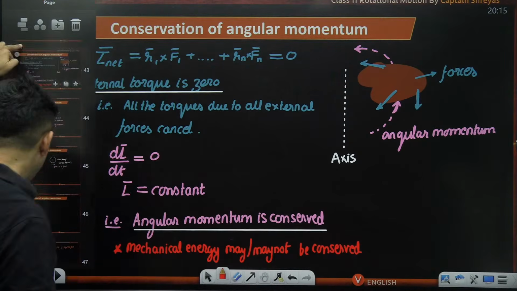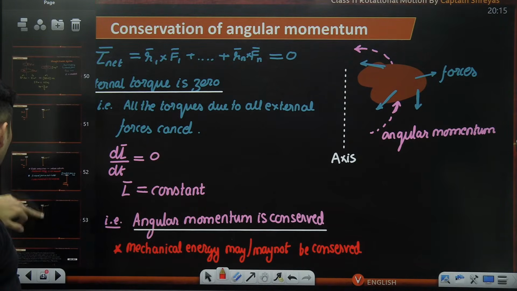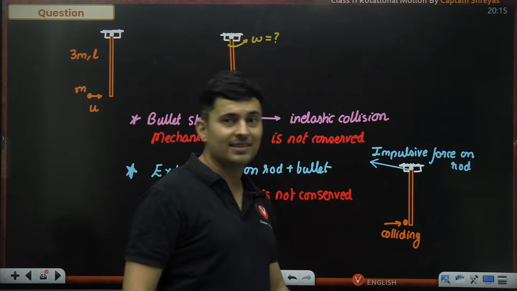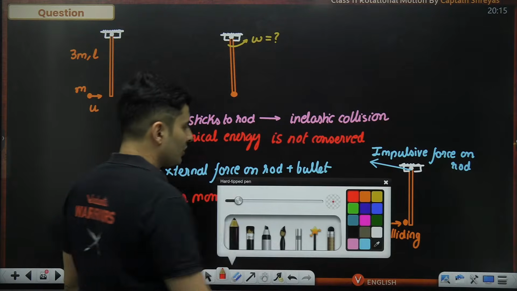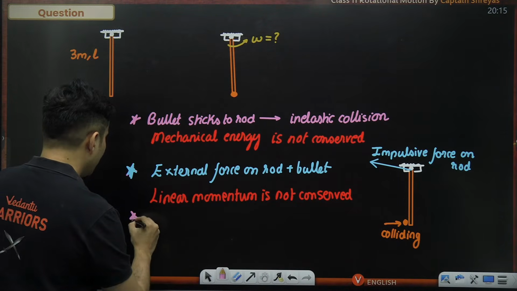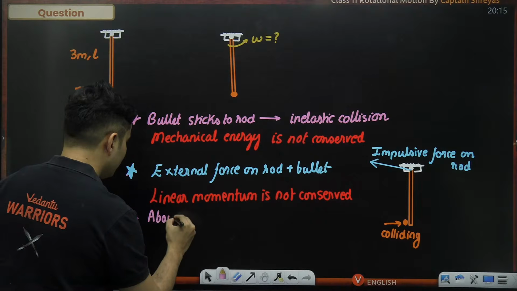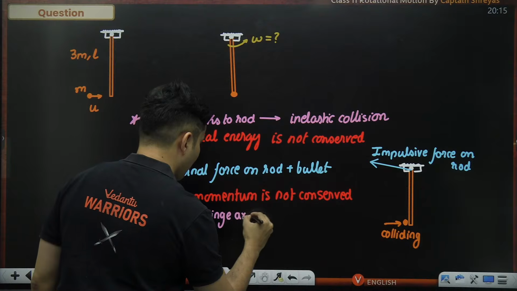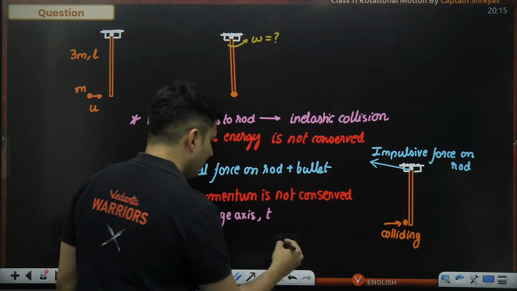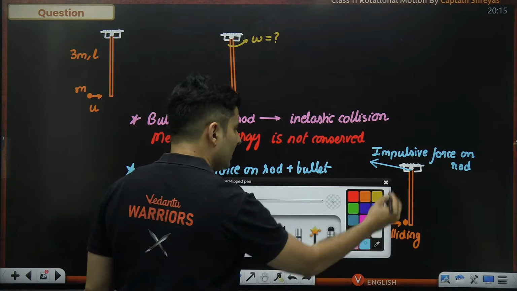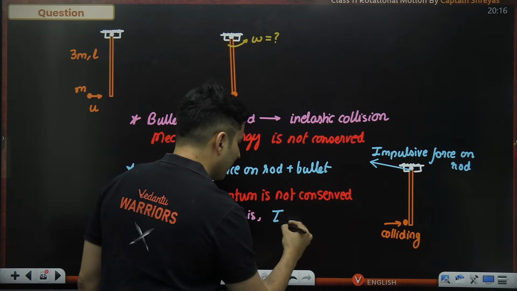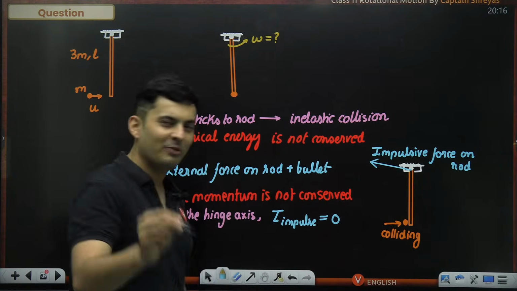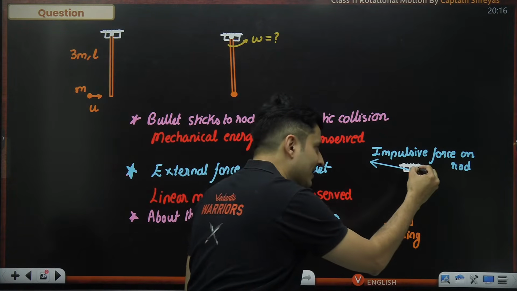So going back to this particular question over here, I realize that if I choose my axis as the hinge itself, that is very interesting. About the hinge axis, the external torque, the torque of that particular impulse, will be zero. This is very, very interesting, because R is itself zero.